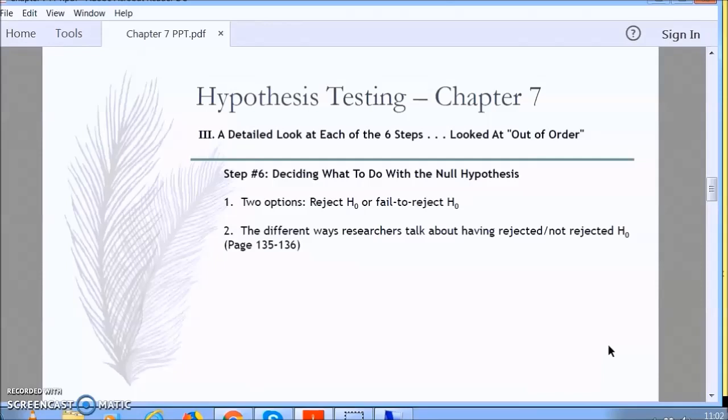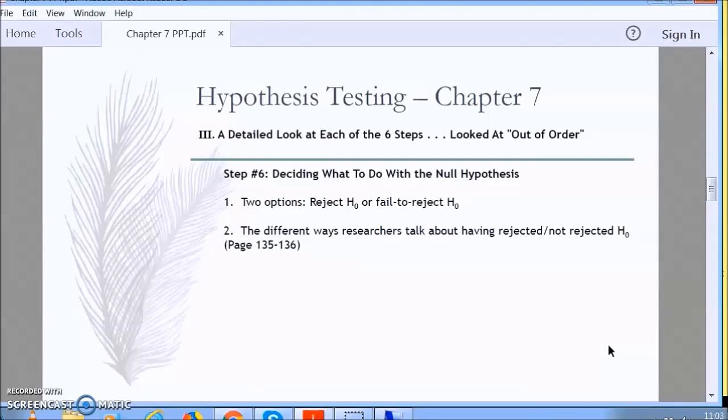Most often when you are talking about failing to reject the null hypothesis, they use this terminology. Very, very rarely do you see the researcher say that the null hypothesis is accepted.